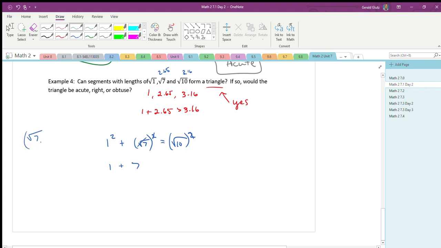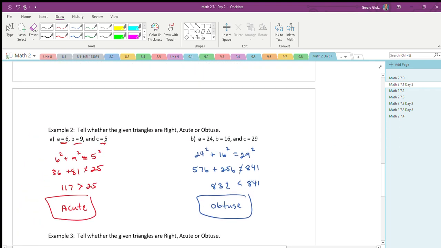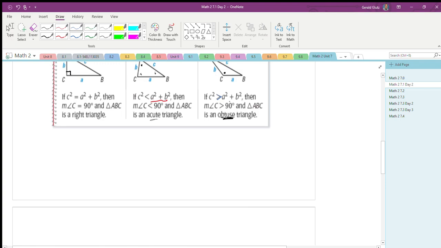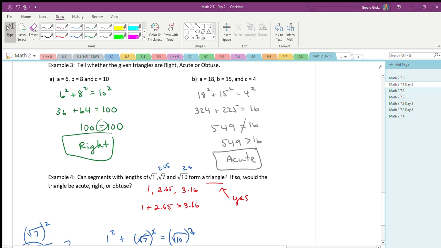Square root of 7 squared would be square root of 7 times square root of 7. A pair of 7s, one goes away, the other one comes out, so it equals 7. Anytime you have a square root squared, it just equals the number inside. And the square root of 10 squared would equal 10. So 1 plus 7 is 8. 8 is less than 10, so a squared plus b squared is less than c squared, which means it's obtuse.